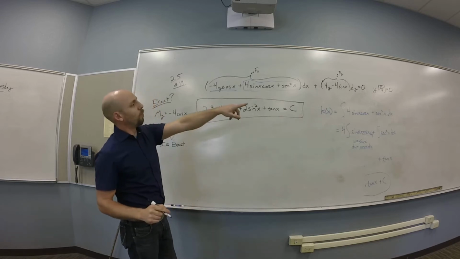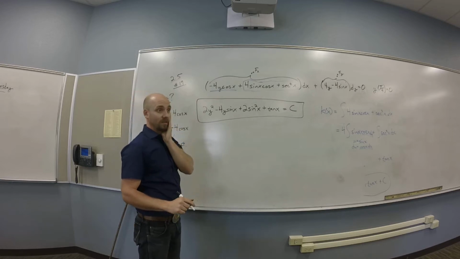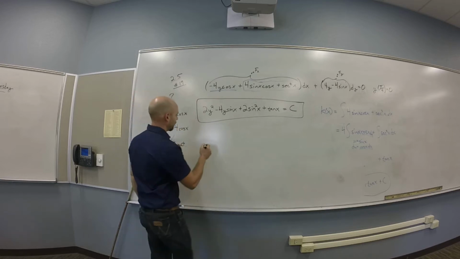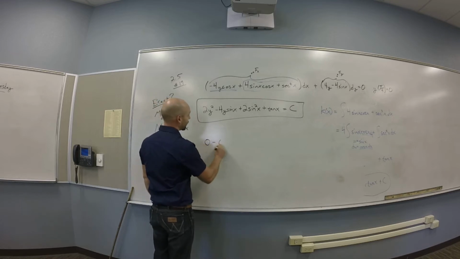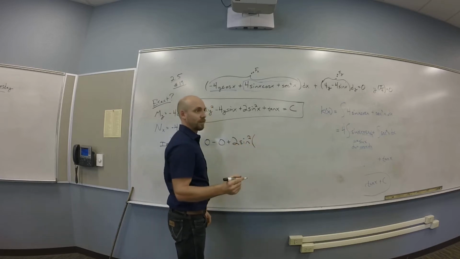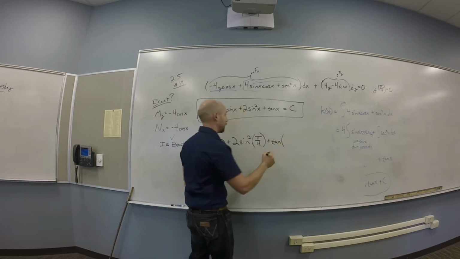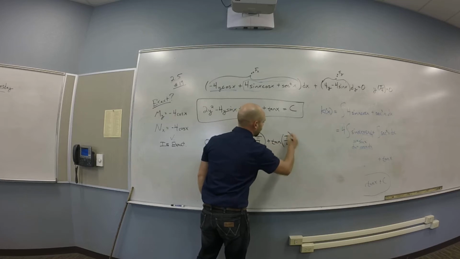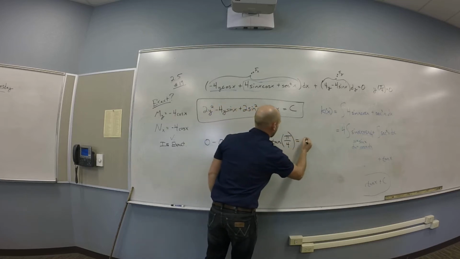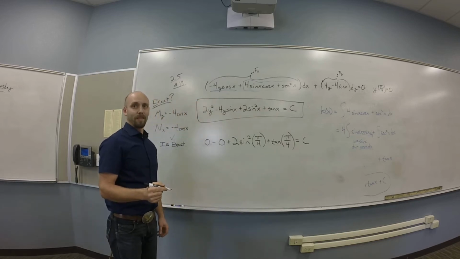Okay, so y of pi over 4 is 0. What does that mean I should be plugging in? 0 for all y's. Okay, that's easy. I got 0 minus 0 plus 2 sine squared of pi over 4 plus the tangent of pi over 4, and this should equal c. Mostly it feels weird because I plugged in something for both y and x.